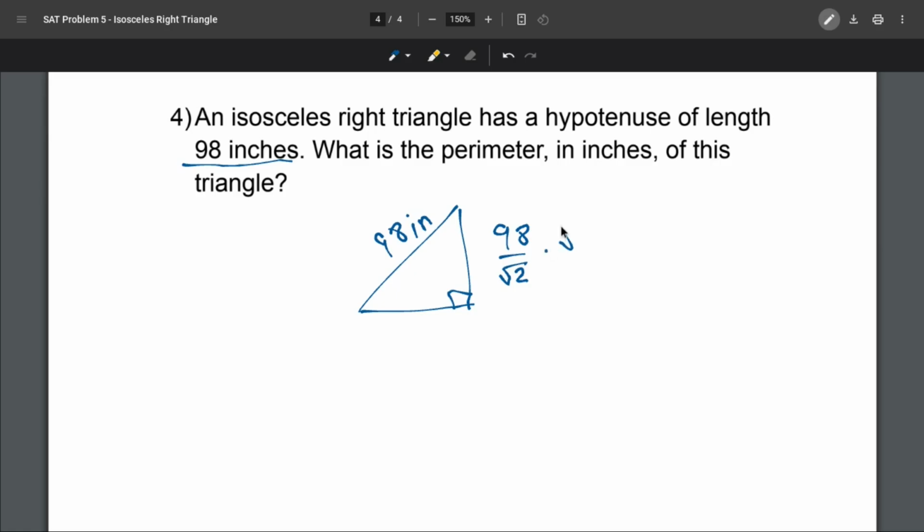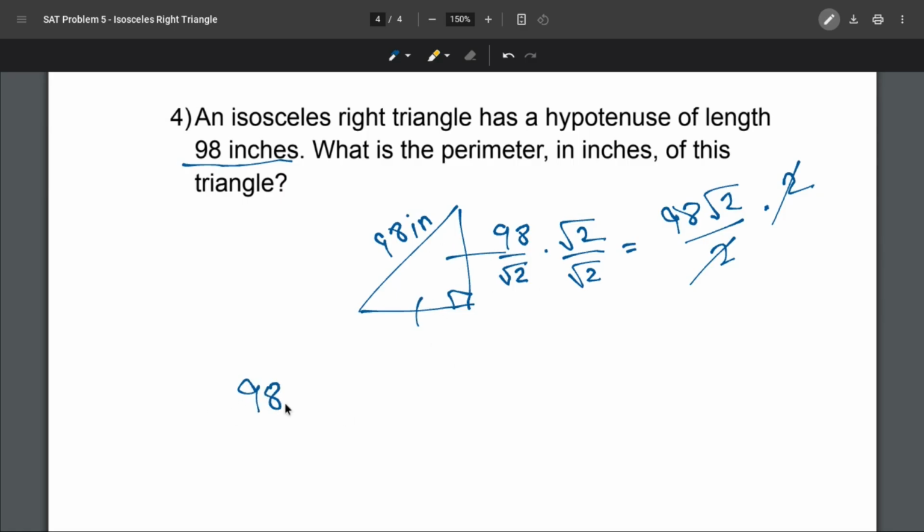And again, we have to rationalize the denominator. So we're going to get 98 square roots of 2 over 2. But again, we have 2 of these, so if you multiply by 2, the 2s go away. And so this side and this side add to 98 square roots of 2 inches. And then for the perimeter, you have to add the hypotenuse, so plus 98. And that's in inches.